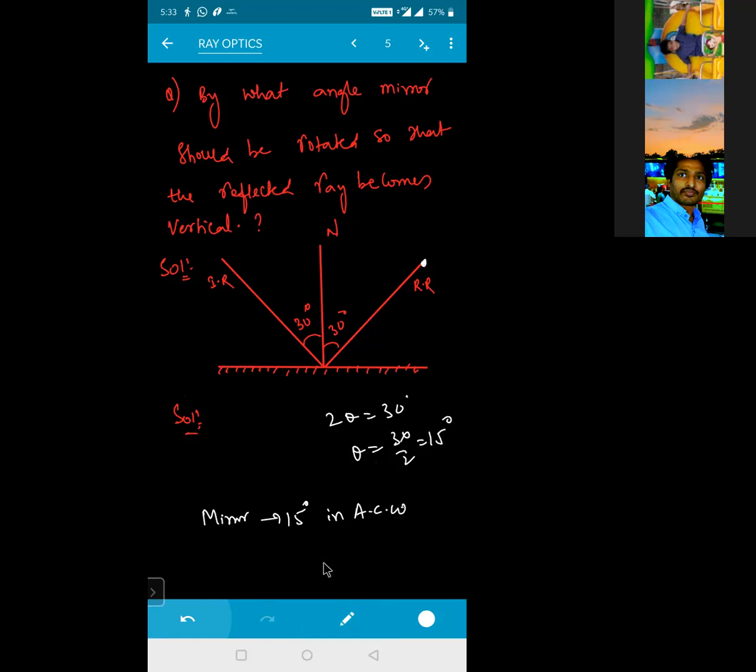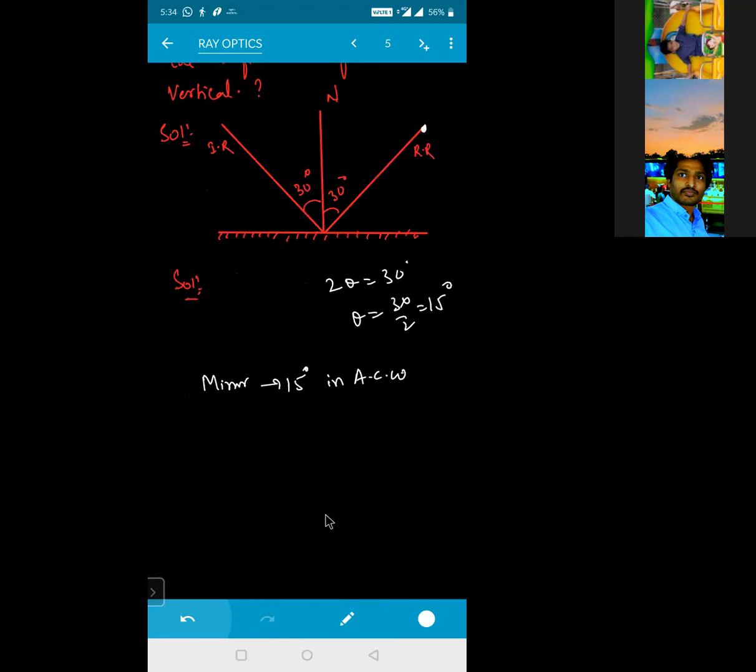Is that clear? Can I even say that if the mirror is rotated by some more angle, like say 105 degrees in the anti-clockwise direction, even in that case it will become vertical or not?